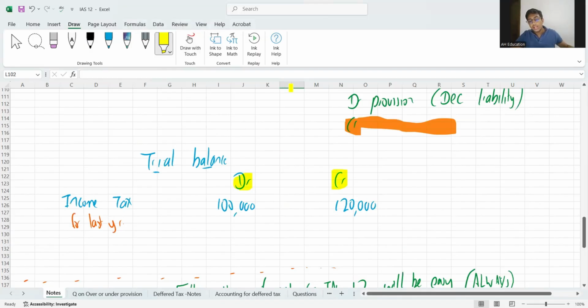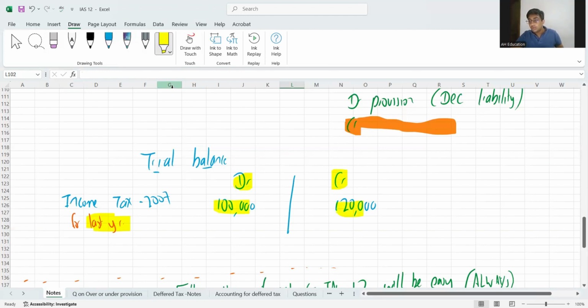And he'll give you two figures for your last year, say 2007, a debit and a credit. Out of this, you need to understand he has already calculated the under provision or over provision. You don't need to go and recalculate it. He has already given the figures.